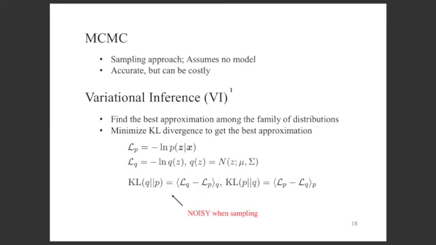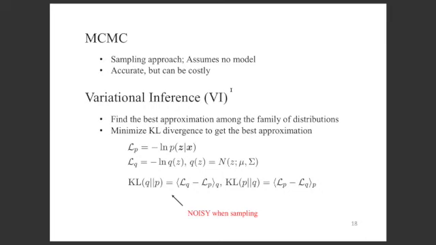On the other hand, VI, variational inference, tries to find the best approximation of the distribution among a parameterized family. So in order to find this best approximation, we follow an optimization process over the family parameters.